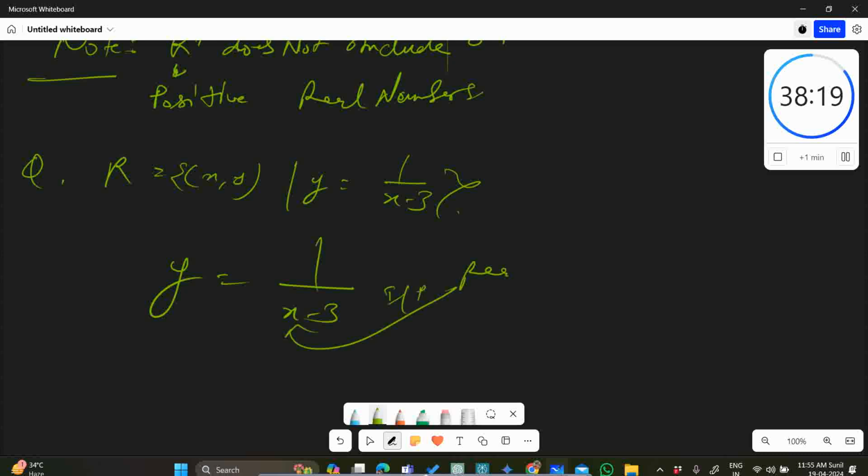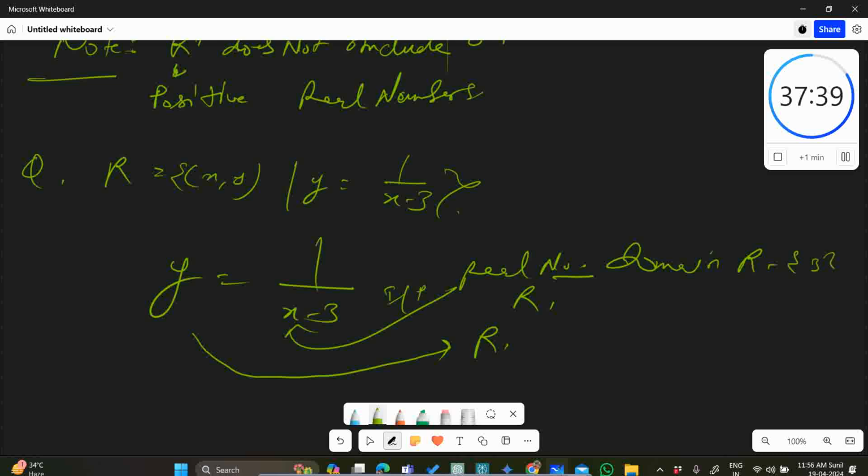The input is a real number, and the output is also a real number. But what we are seeing here is that the input can't be 3 because y will be undefined then. So the domain is real minus 3.